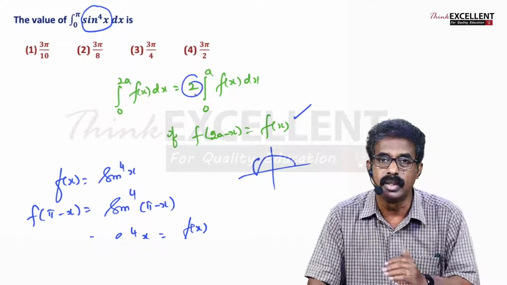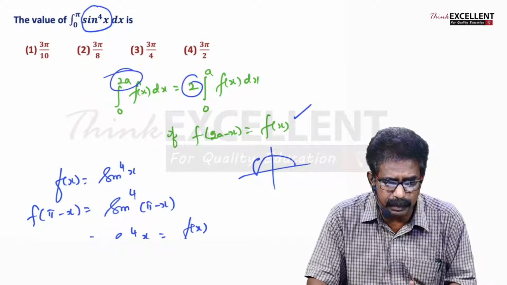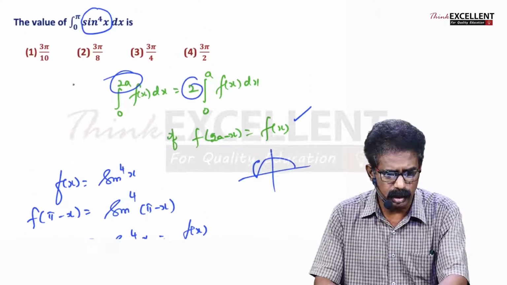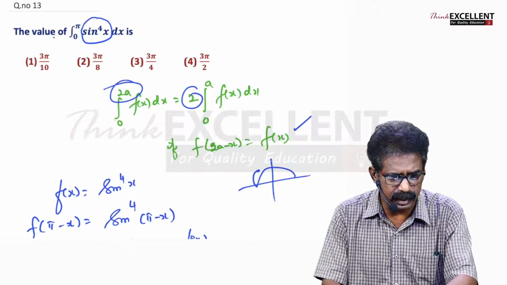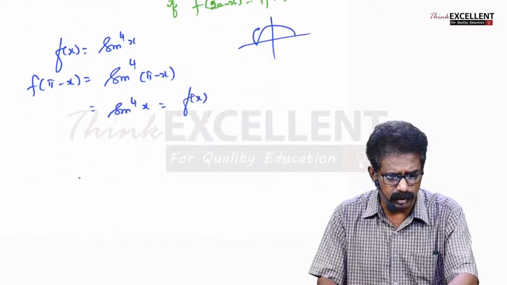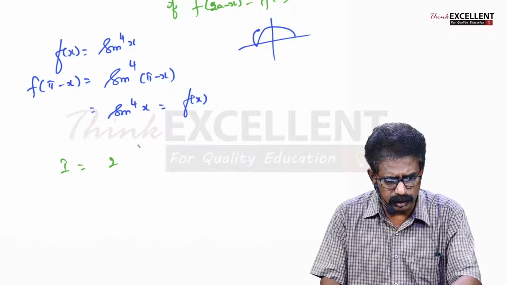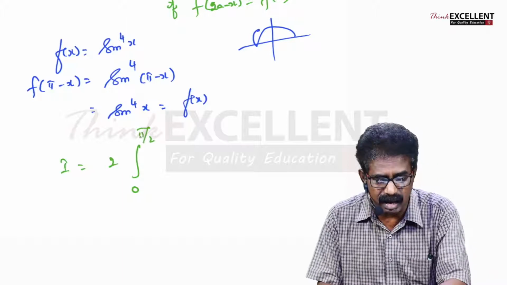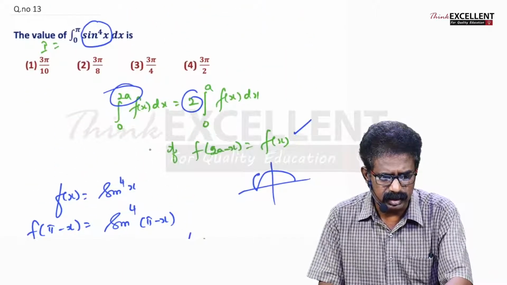So what you write? 2 into integral 0 to half of the upper limit. If it is 2a, you write a. If it is pi, pi by 2. So the question I am taking as I. So I equals 2 into integral 0 to pi by 2 sine raised to 4x dx.